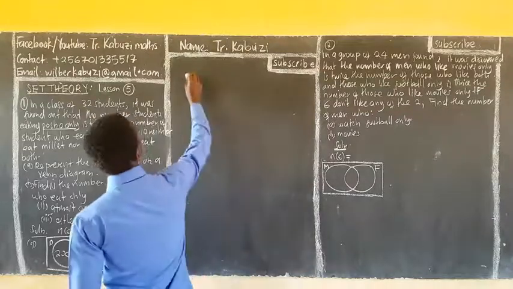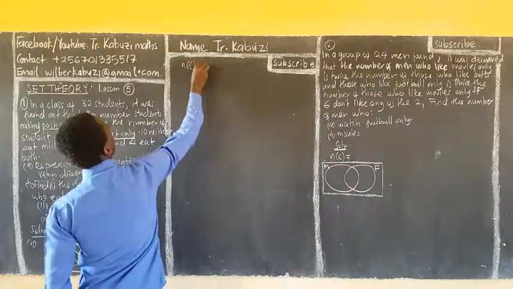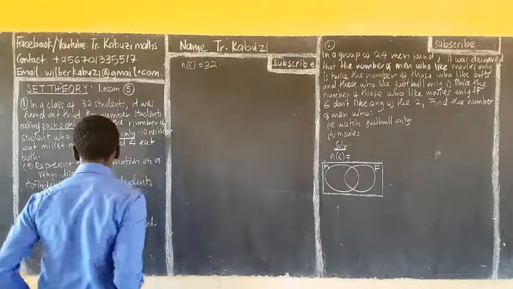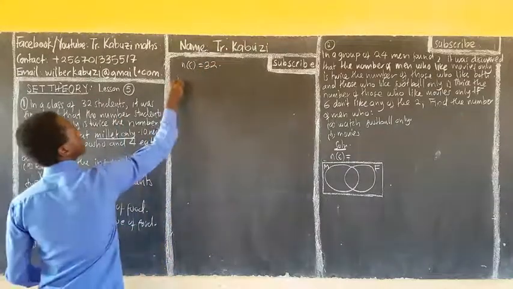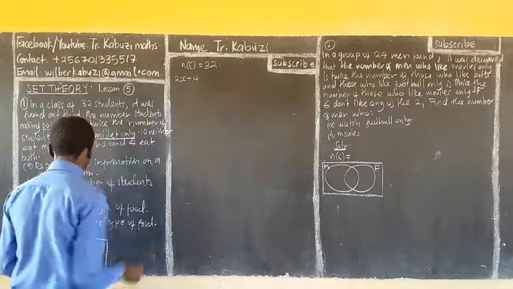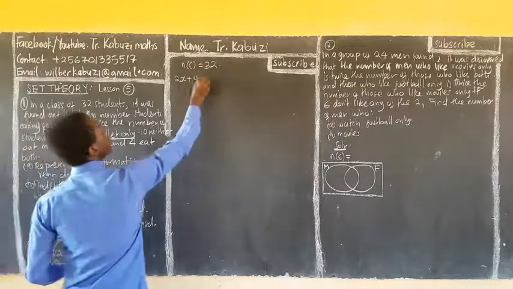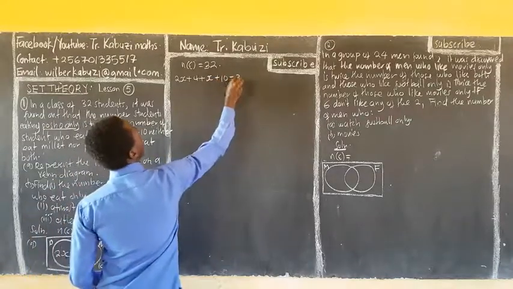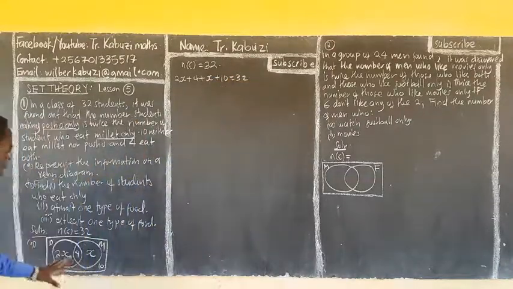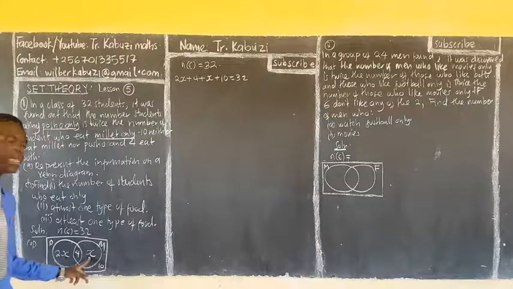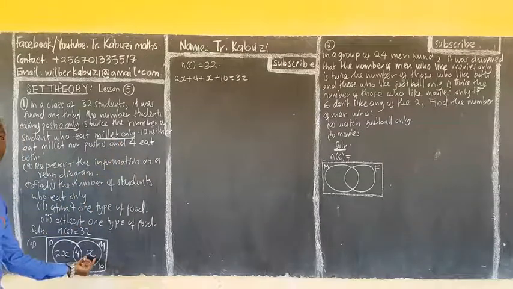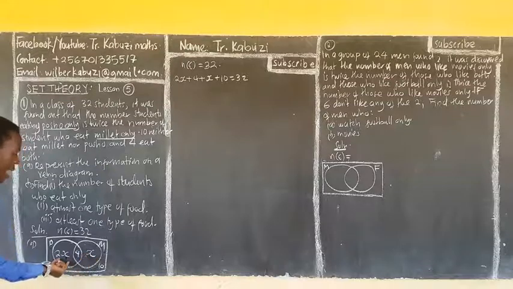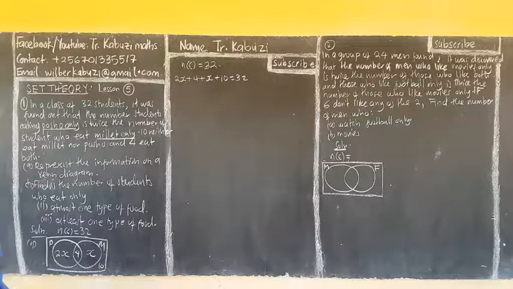Since our universal set is 32, if I get 2x plus 4 plus x, then plus the 10, I should get 32. I'm not subtracting anything because these are only cases. So here are only members here and here. If they were saying those who are eating here, then I would subtract here, but these are saying only. So these are x and these are 2x.